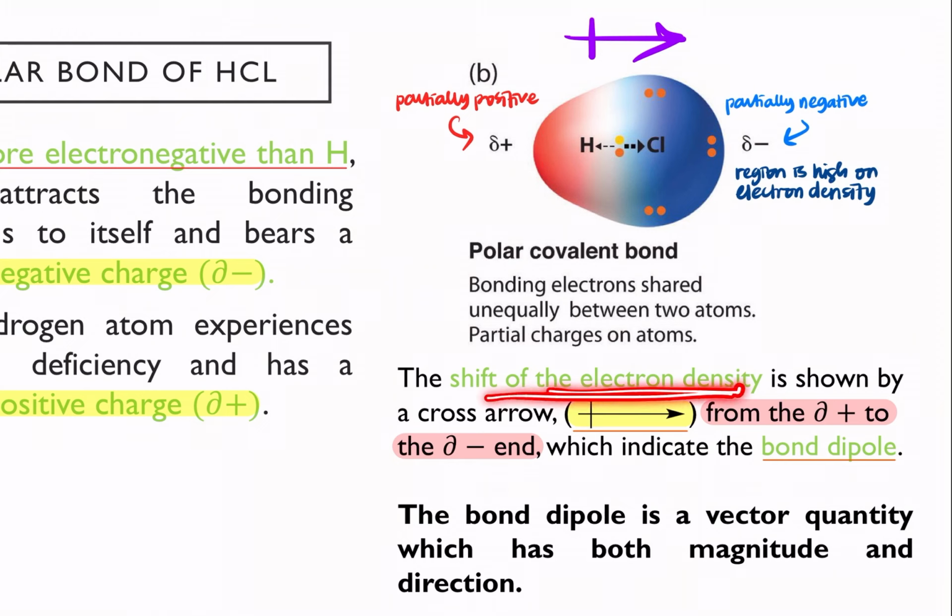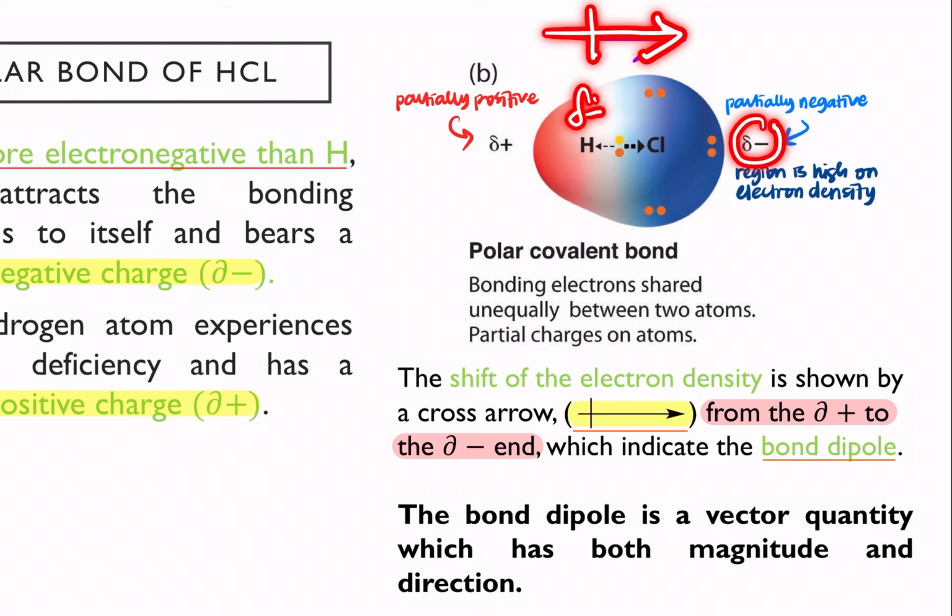Okay, whichever is more electronegative, that atom will have the delta negative. That means the arrow will point towards that side. Alright, so since this is delta positive, this plus end will be on that side. Okay, that's it.